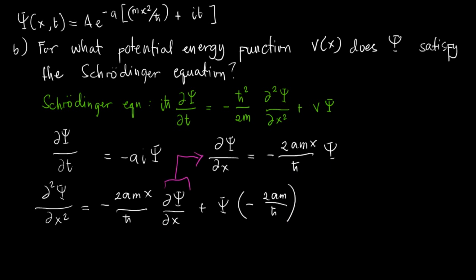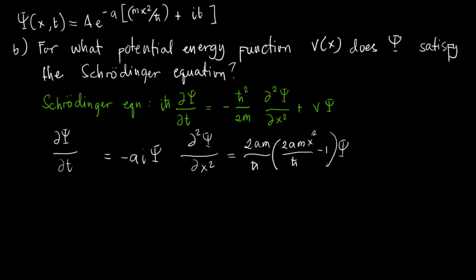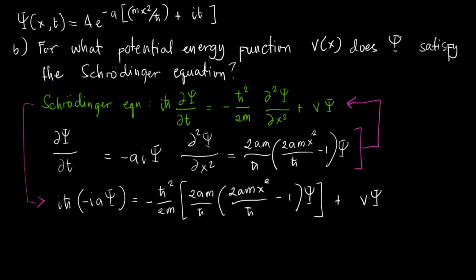This is simply negative 2am x over h bar, times psi. After simplification, we get. Now we can plug these values into the Schrödinger equation. After some simplification, we get our potential energy, which is 2a squared mx squared.